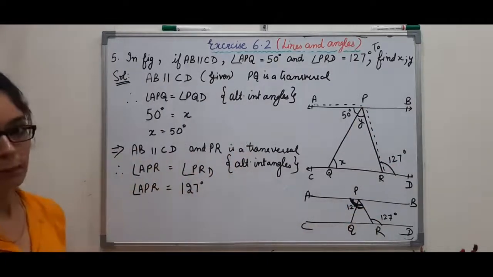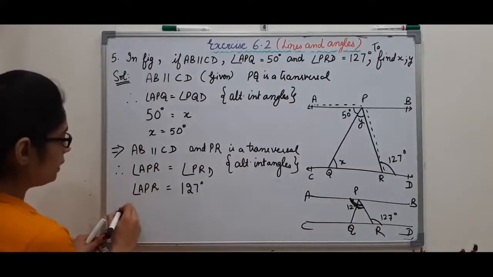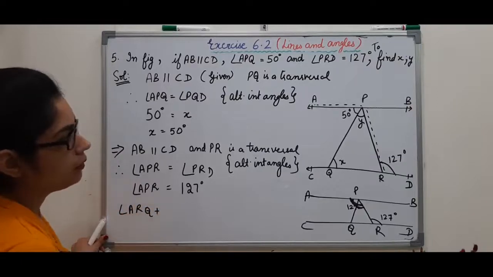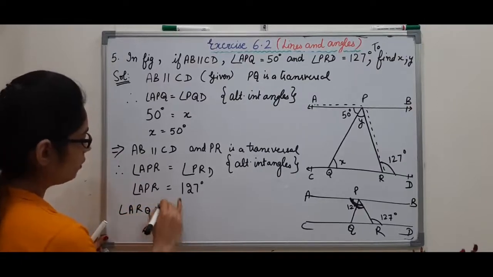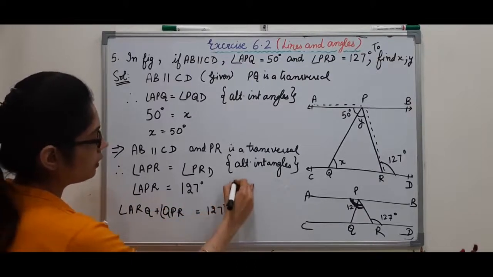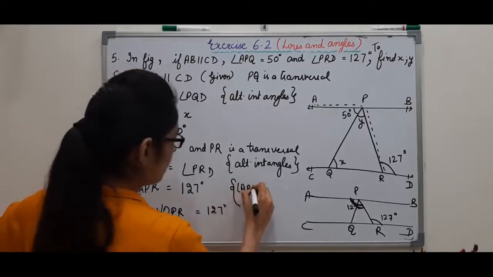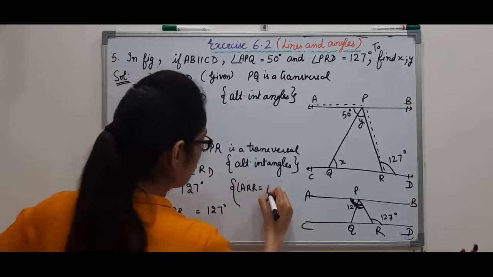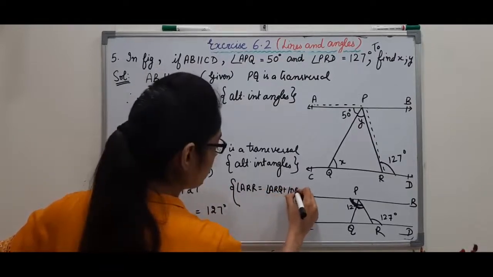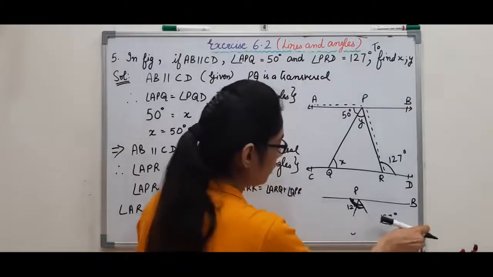Instead of APR, let's split it into its angles. One is angle APQ plus angle QPR is equal to 127 degrees. Here we can mention the reason also, because angle APR is equal to angle APQ plus angle QPR. So we can erase this figure, it's not required now.